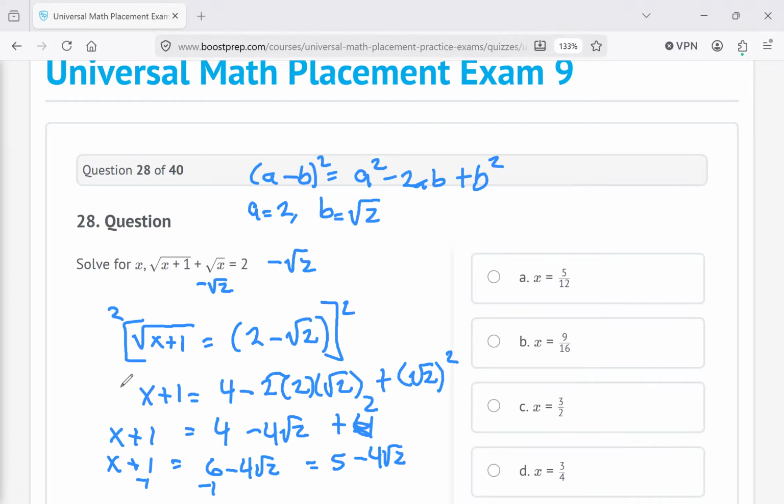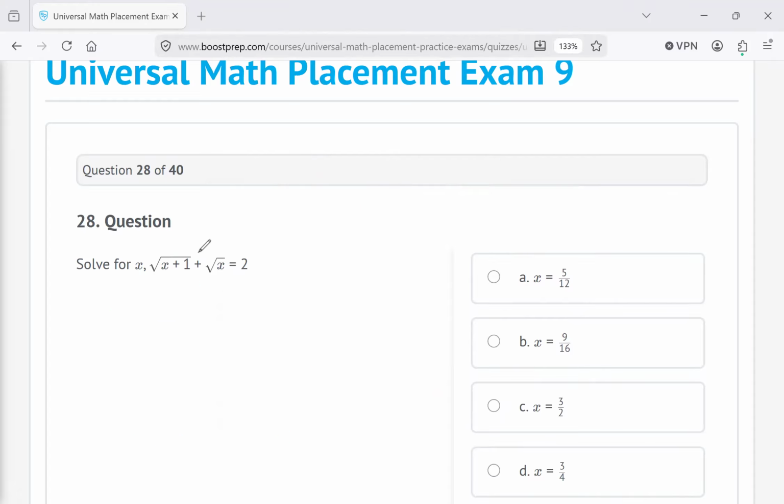Let me clear. Let me do this again. So yes, I do have to subtract. So first I'm going to subtract square root of x from both sides. So you get square root of x plus 1 is equal to 2 minus radical 2, right? And then I'm going to square both sides.